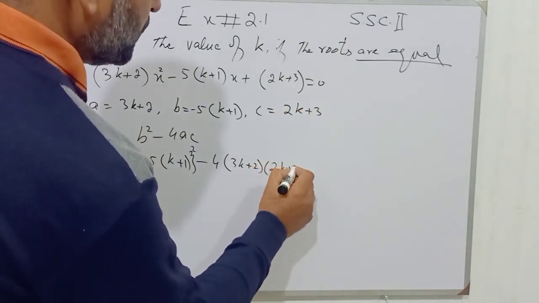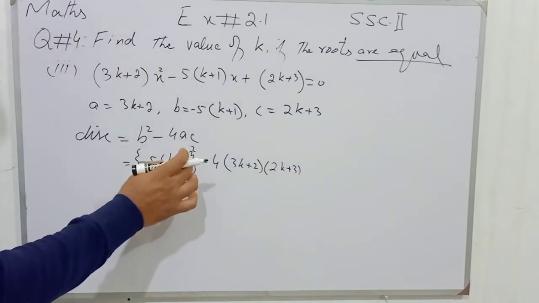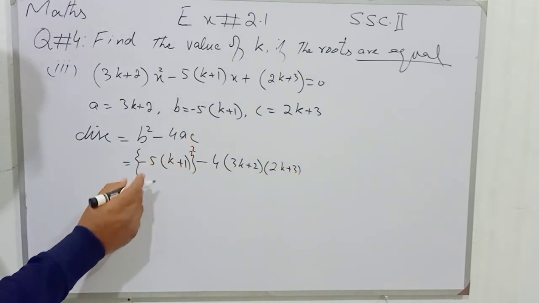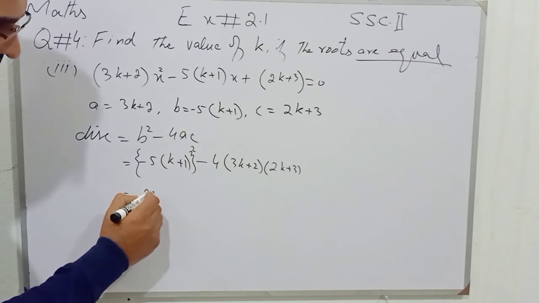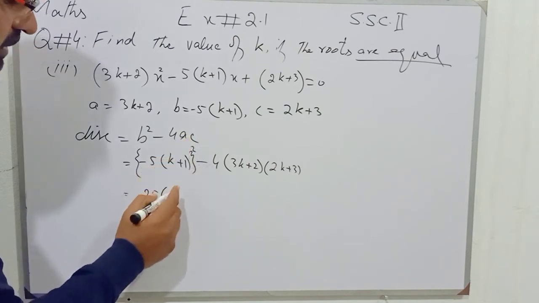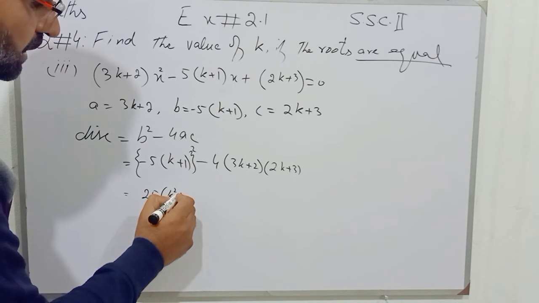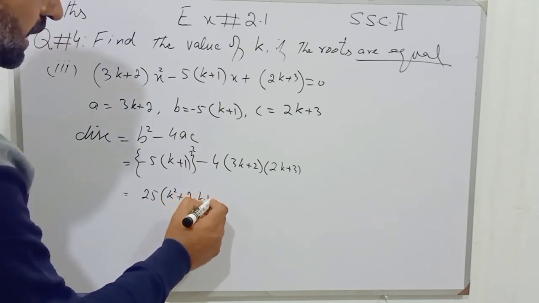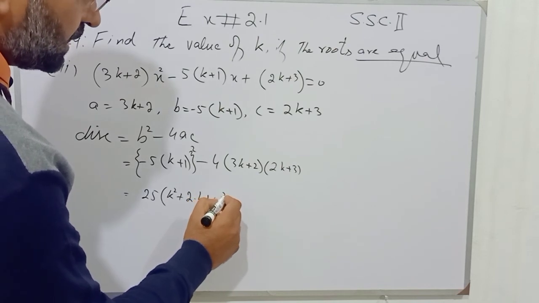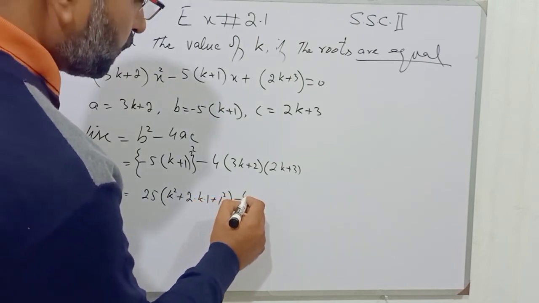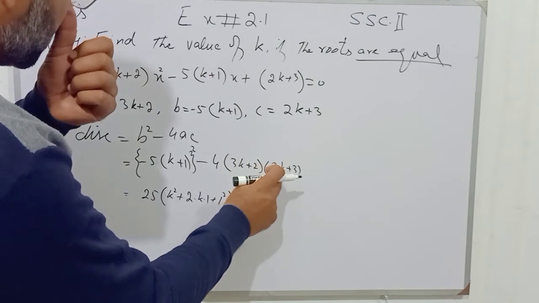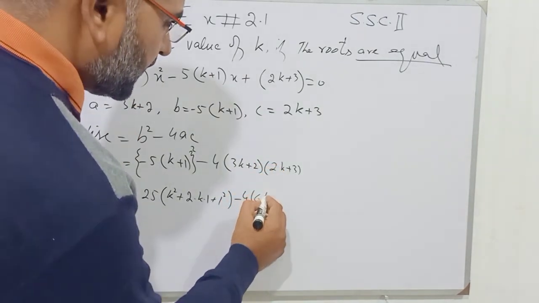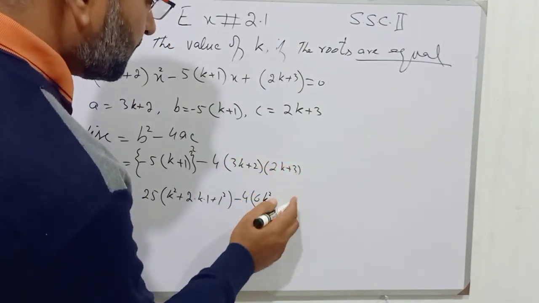Now students, we will take the square of the first part, and the square of minus 5 is plus 25 into (a plus b) whole square, which means a square plus 2ab, a is k and b is 1, plus b square, and that is 1 square, minus 4 into (3k multiplied by 2k means 6k square, plus and plus plus, 3 3s are 9k.